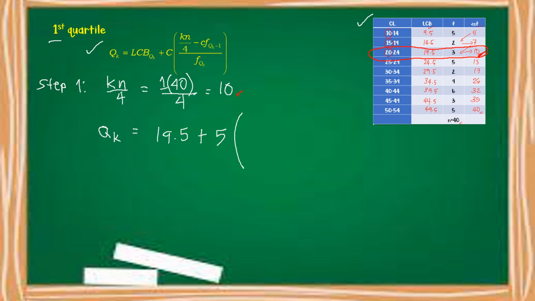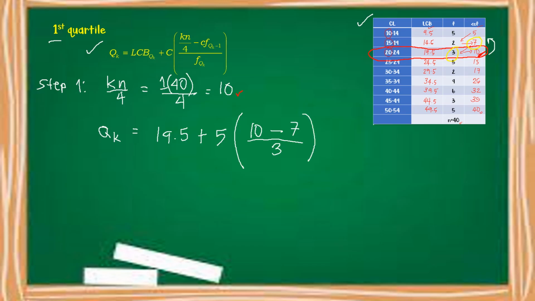Then our kn divided by 4 is 10, minus the cumulative frequency before it, the previous one, which is 7, all over the frequency, which is 3.